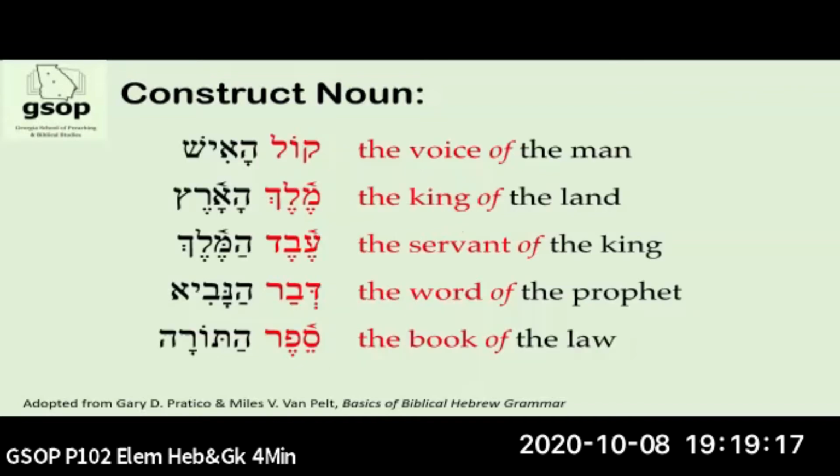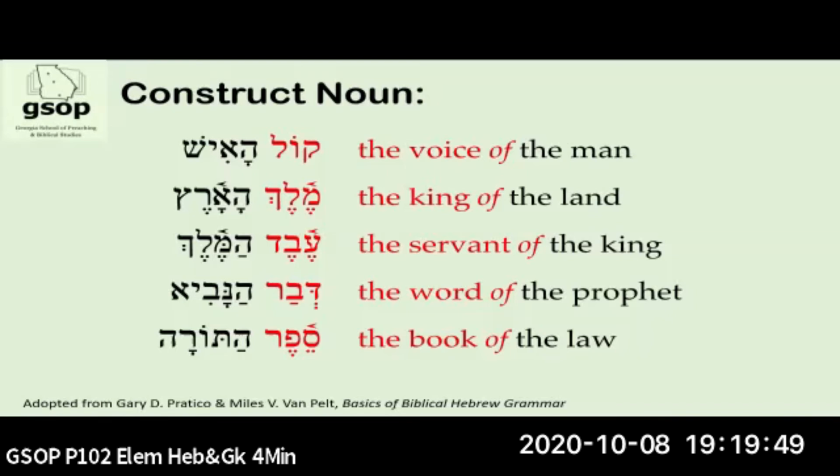Go a little further, and so you can have kol ha'ish. Ish is man, kol is voice. I put the definite article in front of it, so I have ha'ish. And so there are two nouns side by side. And because they're two nouns side by side, kol ha'ish is the voice of the man. The voice is the construct, of the man, so it's the man's voice.